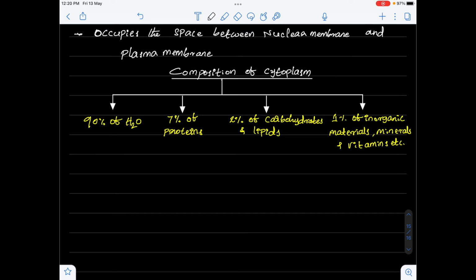And the cytoplasm contains tiny living parts or called as cell organelles.